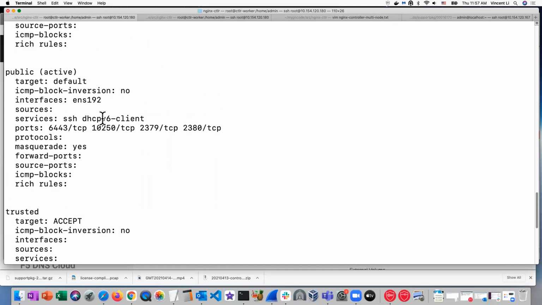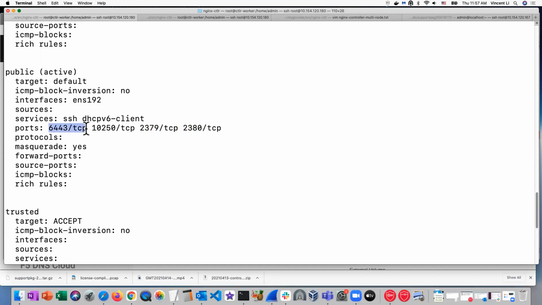So we have a firewall with ports allowed: 6443, 2379, 2380. So that's the port for the Kubernetes cluster etcd daemon.